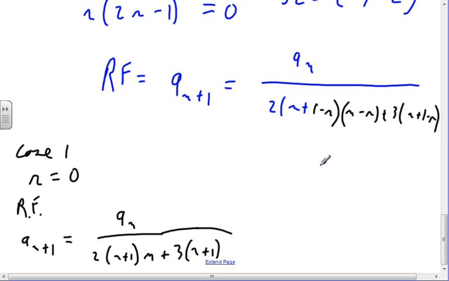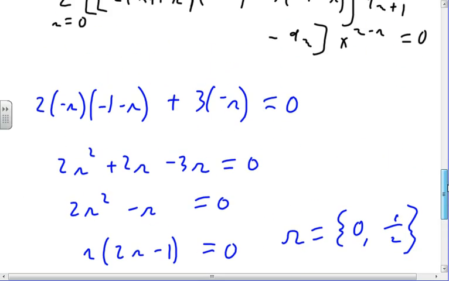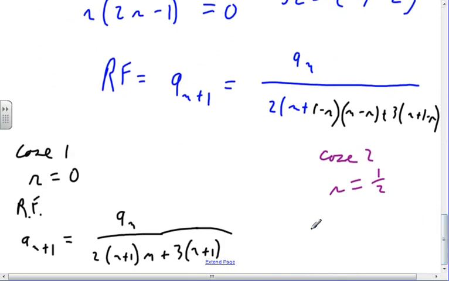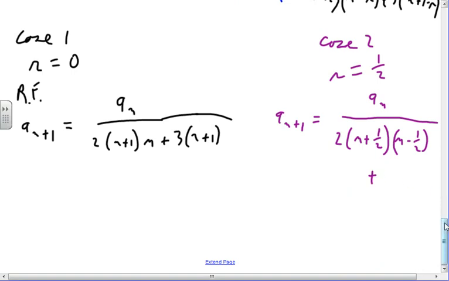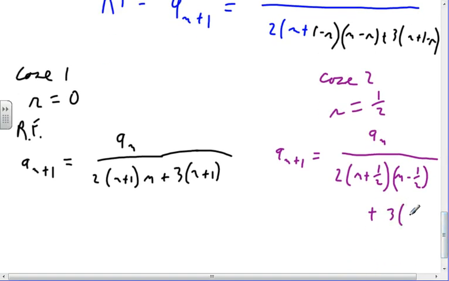Okay. Case 2. r is equal to 1/2. So when r is equal to 1/2, my recurrence formula becomes a_{n+1} is equal to a_n divided by 2 times n plus 1/2, times n minus 1/2, plus 3 times n plus 1/2.